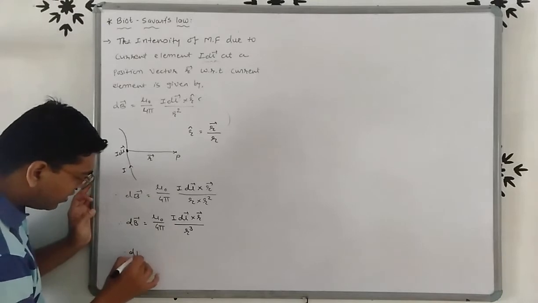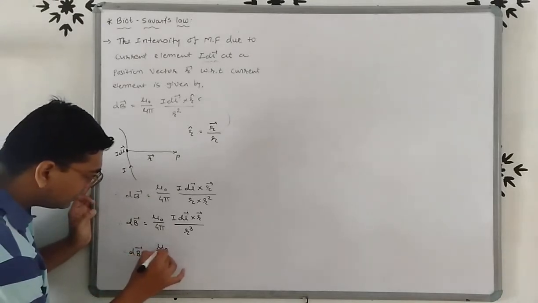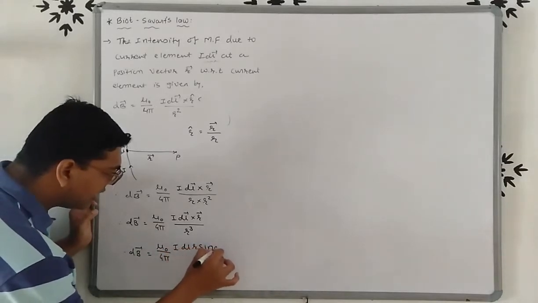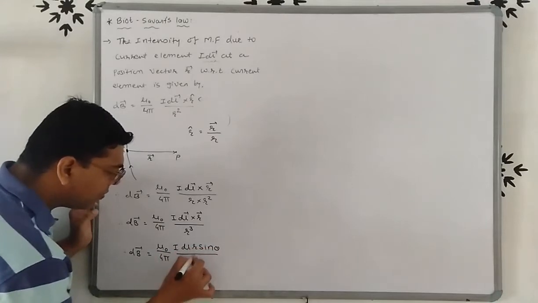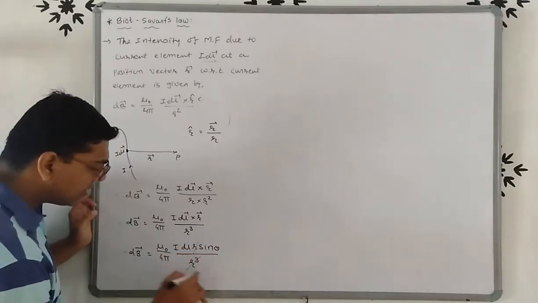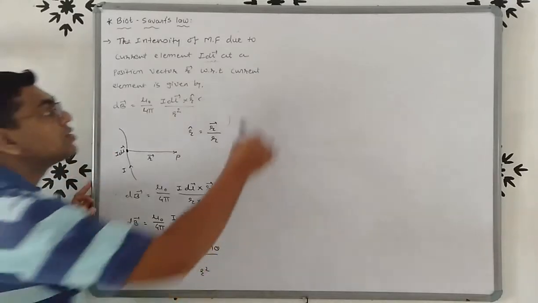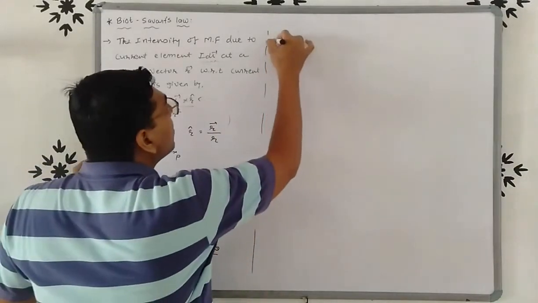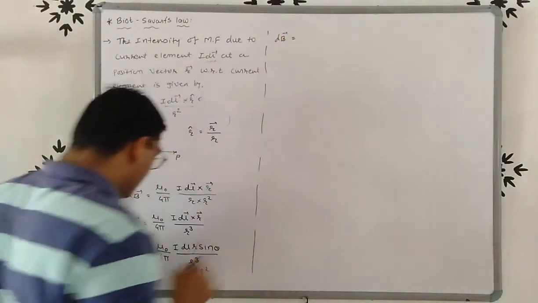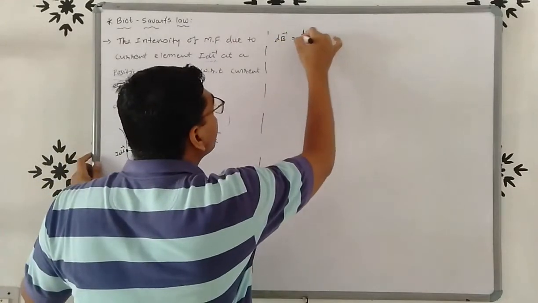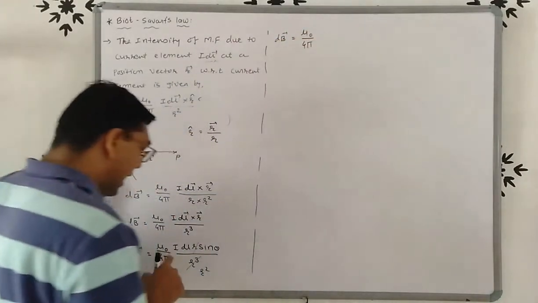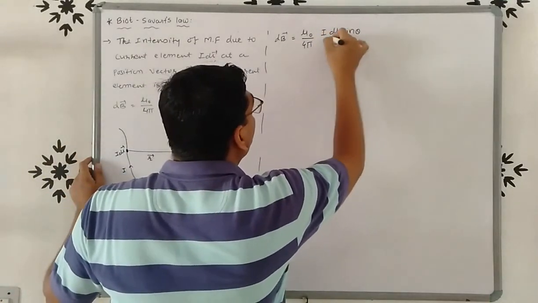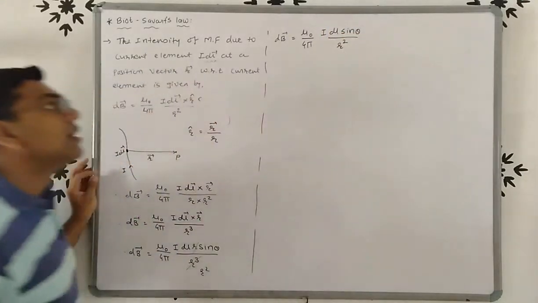So here dB is equal to μ0 by 4π, I dl r sin theta upon r cube. So here this r cancels, so r square remains. So the intensity of magnetic field is given by dB is equal to μ0 by 4π, I dl sin theta upon r square, right?